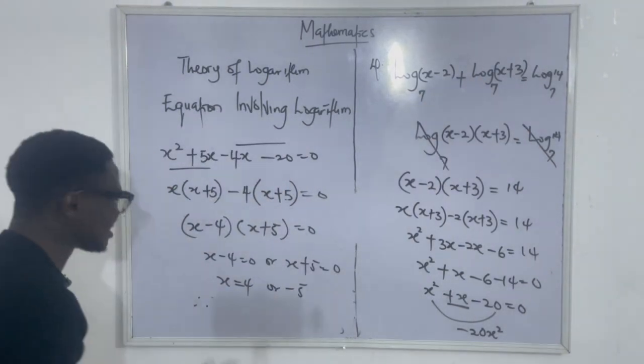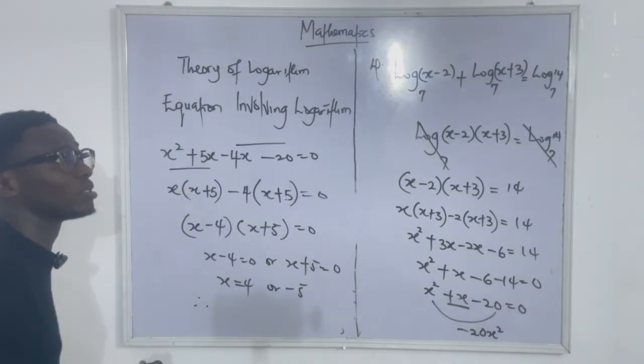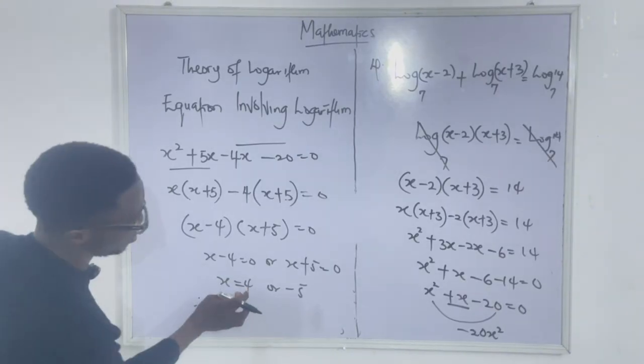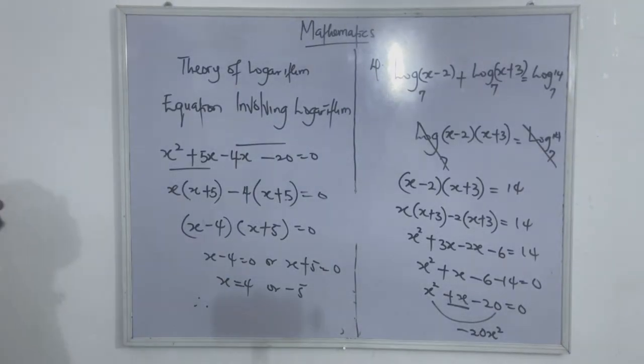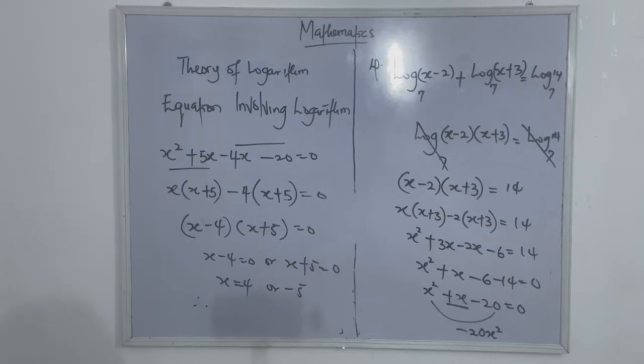We get our answer, right? So our answer will either be positive 4 or negative 5. That's our answer.